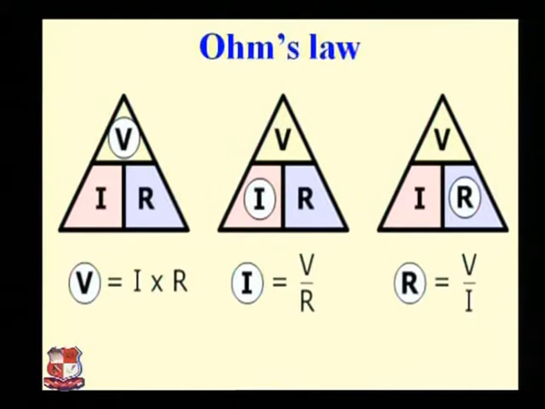In the second figure, if I want to find the current, then the current is indicated by a circle. So it's simple: current I equal to V upon R. V is in the numerator and R is in the denominator.